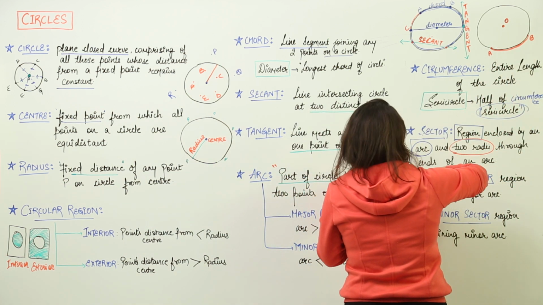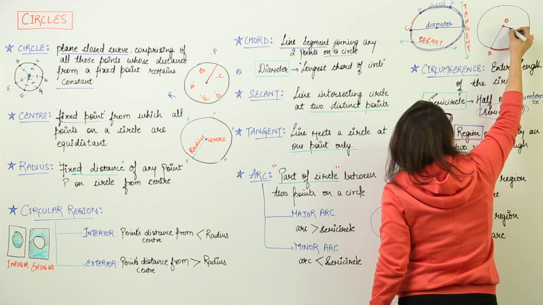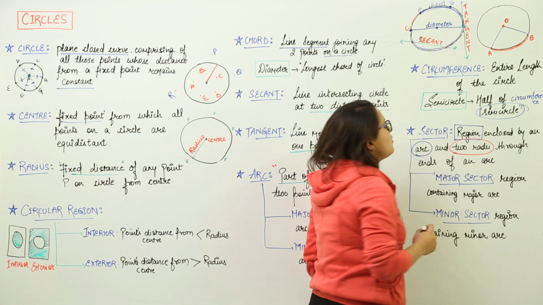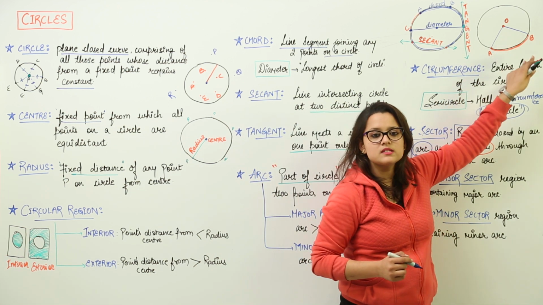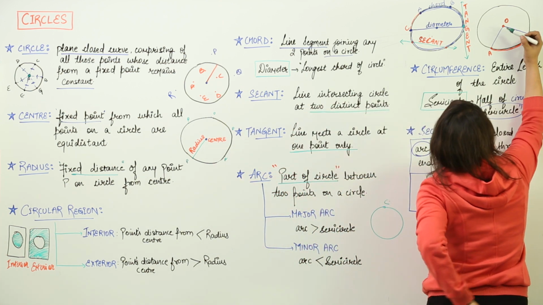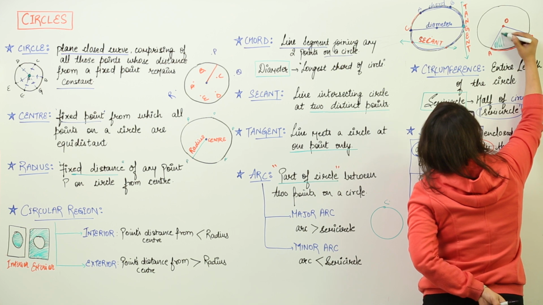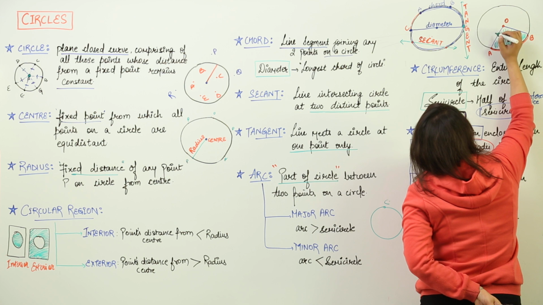So the radius through the end is going to be like this for both the cases, right? Now the region between the two radii and this arc is representing your sector, or you can highlight it like this. This region, the one that I am shading, is representing your sector.